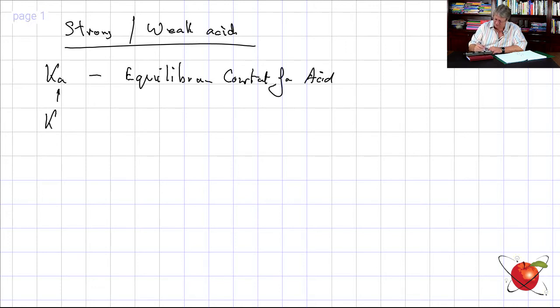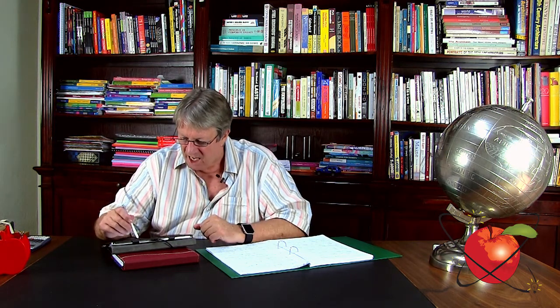While we're about it, Kb is the equilibrium constant for a base. What it means at that point is that the ionization process has reached equilibrium.